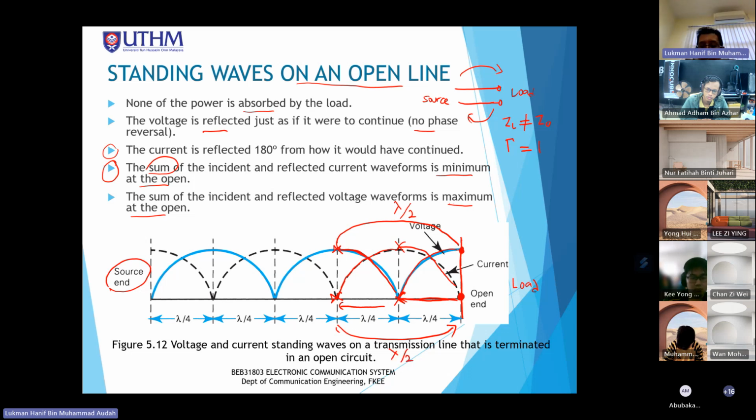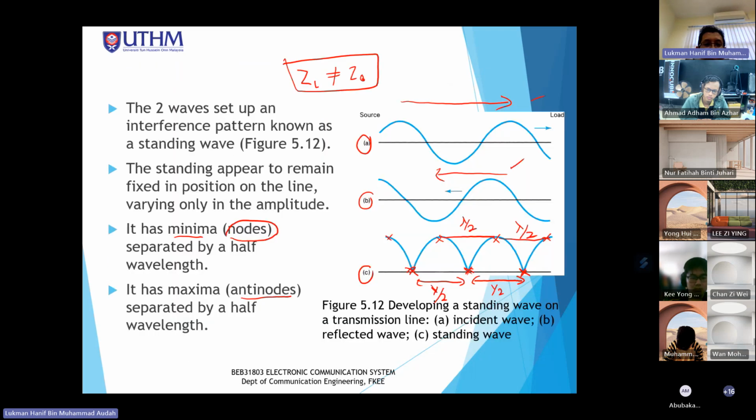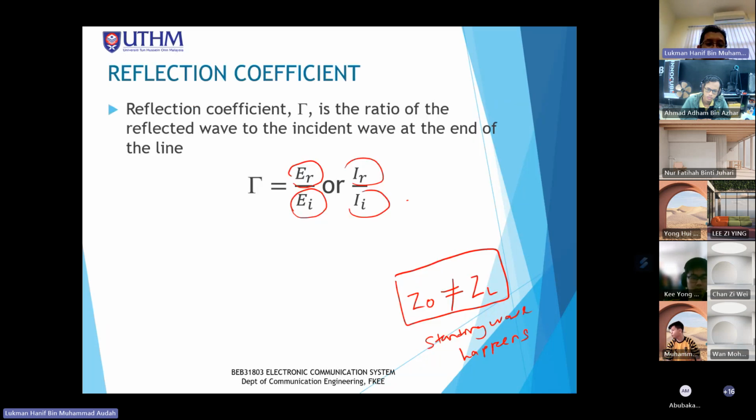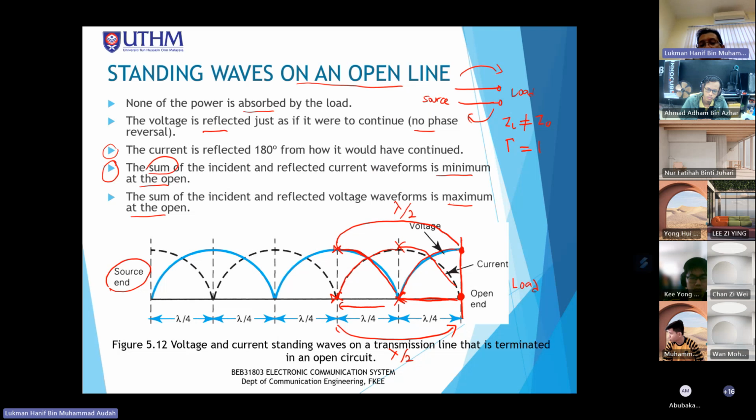This is to show you this statement by half wavelength. So between the antinodes, and between the nodes, is separated by distance lambda over 2, half lambda. So what is lambda over 2? Half lambda means this one, from two different points.